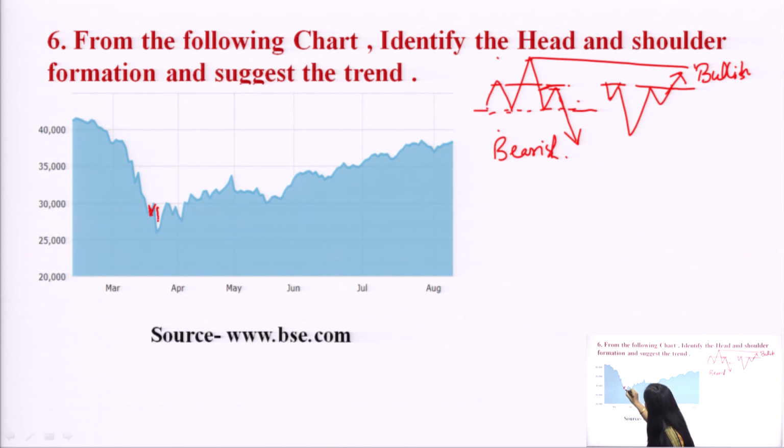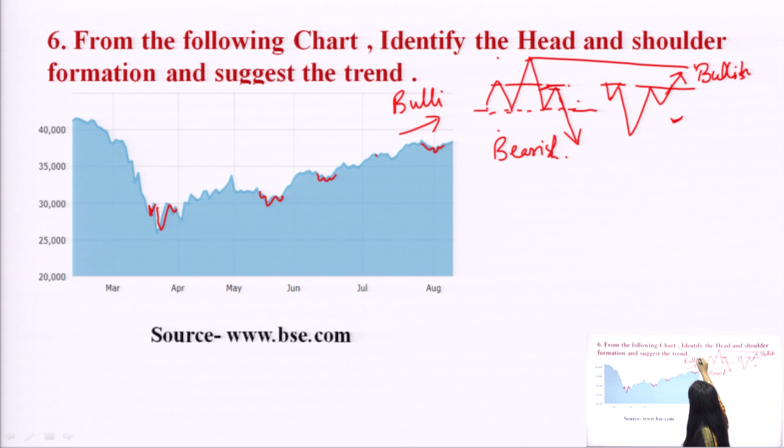We can see that this is the head and shoulder formation, again there is a head and shoulder formation, again there is a head and shoulder formation, and this is also similar to a head and shoulder formation. So, we can see that there are head and shoulder formations in this chart pattern, and what are they indicating? They are indicating that there is a bullish phase in the near market.